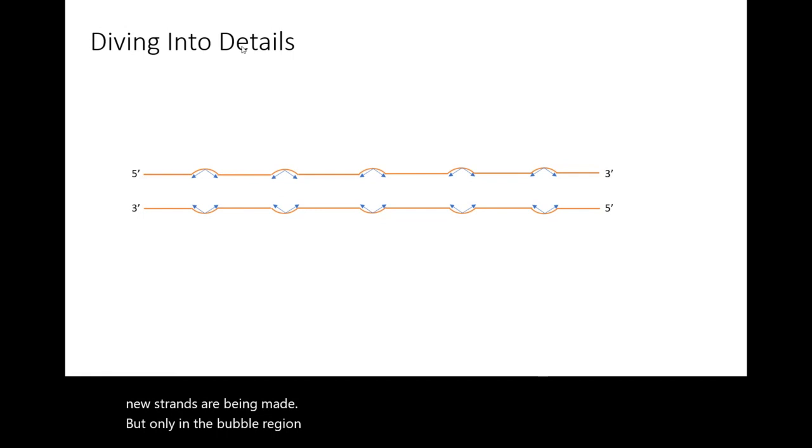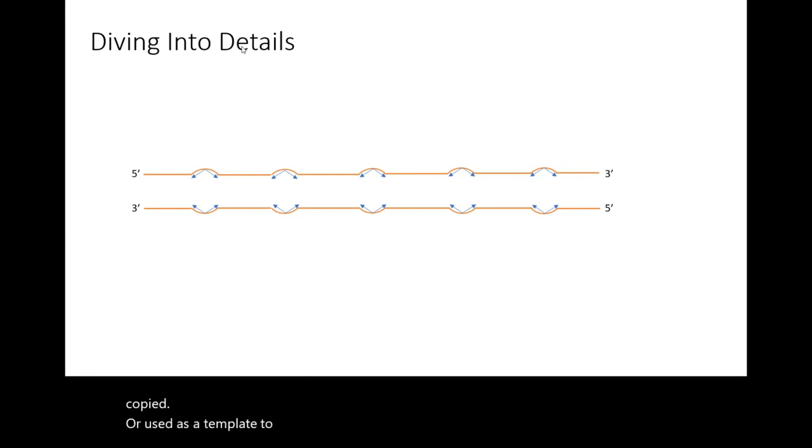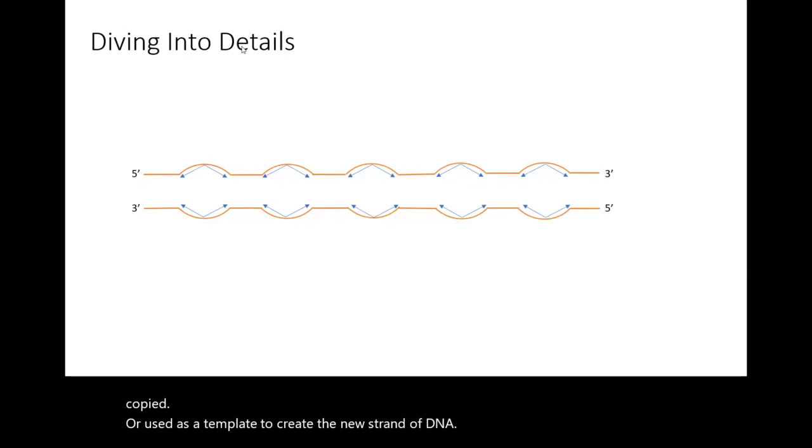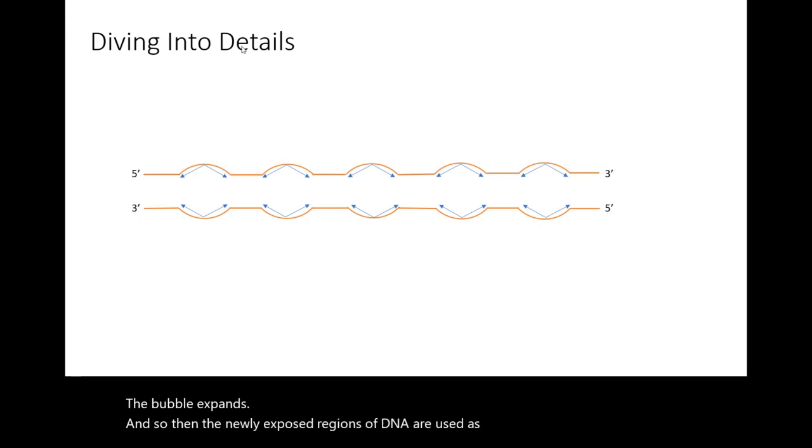And that's because once those little bubble regions have been used as a template to create the new strand of DNA, the bubble expands. And so then the newly exposed regions of DNA are used as a template to create that new strand of DNA.